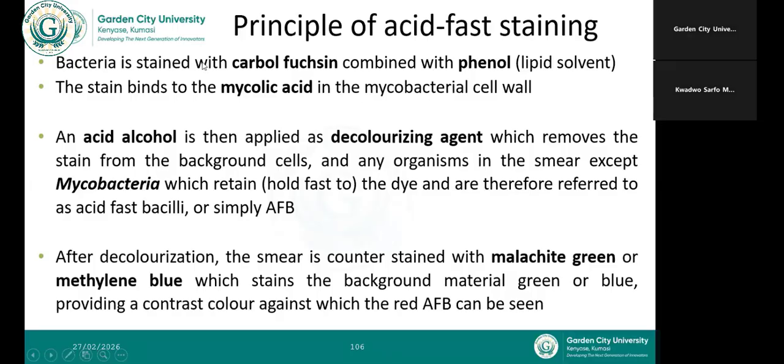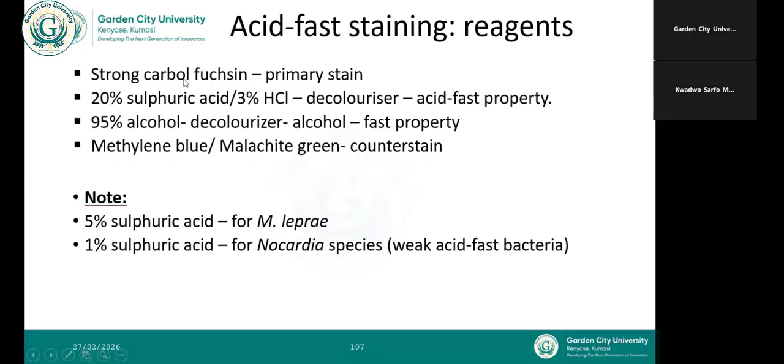So primary stain, carbol fuchsin with phenol, then sulfuric acid or hydrochloric acid in different concentrations. For nocardia, because they are weak acid fast bacteria, you reduce the sulfuric acid concentration, and then you're able to remove the other stains from the ones that are not acid fast.